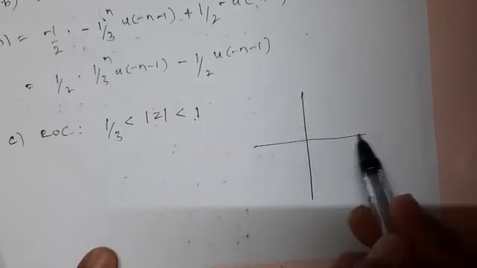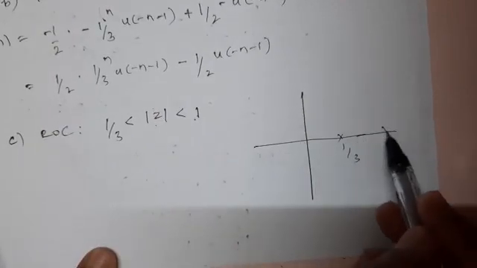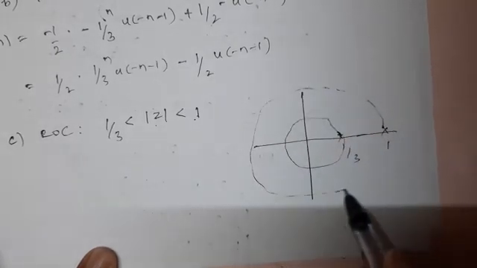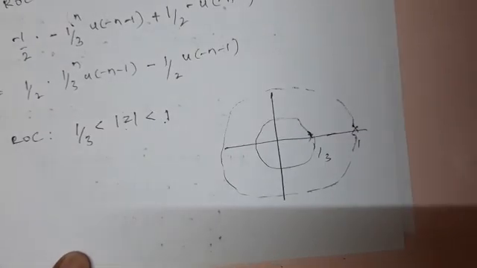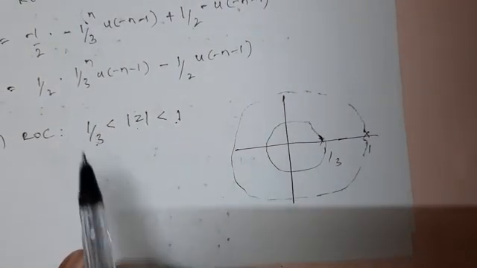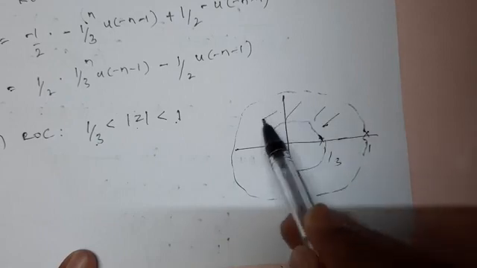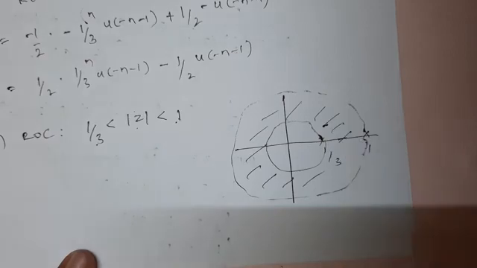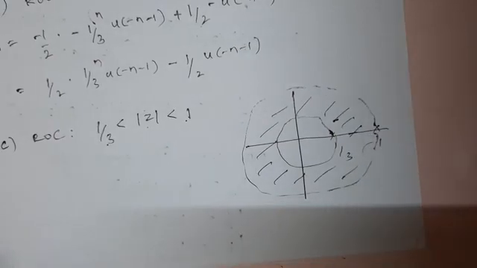If you want, I will plot again the 1 by 3 circle and the 1 circle. What they have told is z less than 1 and z greater than 1 by 3. So is this the region? Z greater than 1 by 3 and less than 1. Am I right? This is the overlapping region.